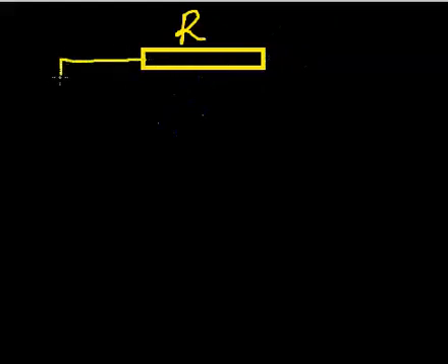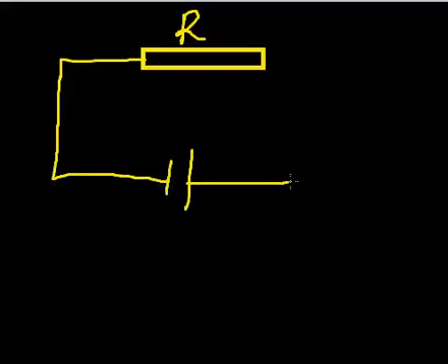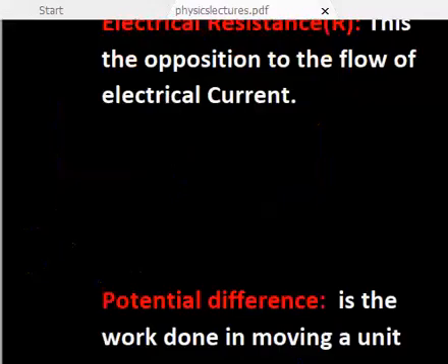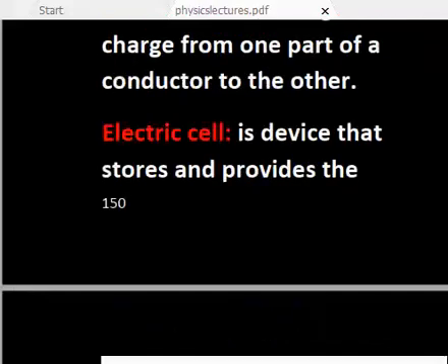Now that means I need to connect it across an EMF. So you discover that when I do this connection, current flows due to what this EMF provides, what, potential difference. All right, but there are certain times I want us to learn here. I think I have the note.